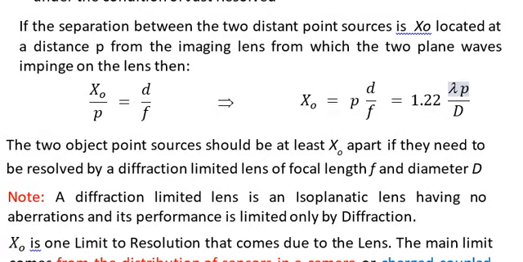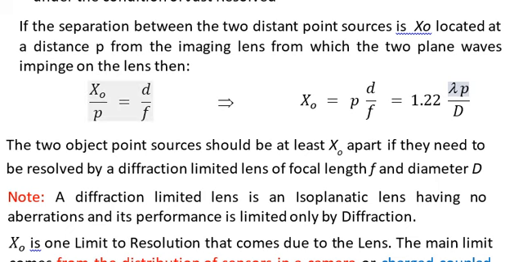If the separation between the two distant point sources, the two distant stars located in the sky, is capital X naught, located at a distance p from the imaging lens, then the two distant stars will generate two plane waves which will pass through our lens making some angle.